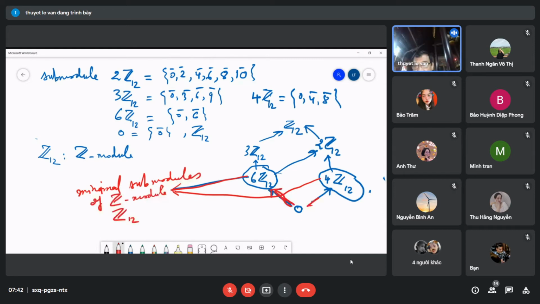That is the smallest, that is the minimum.